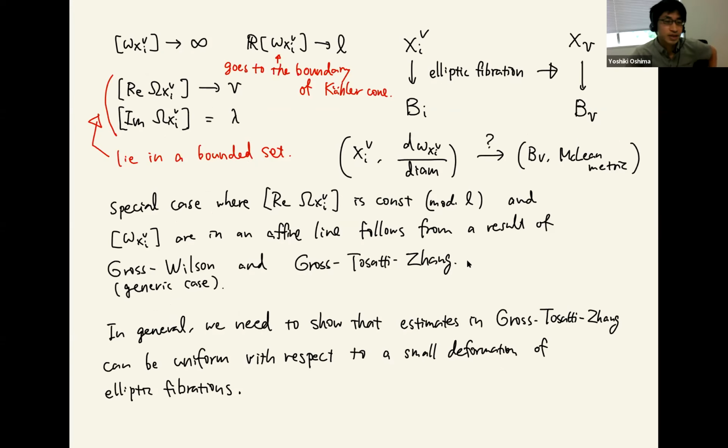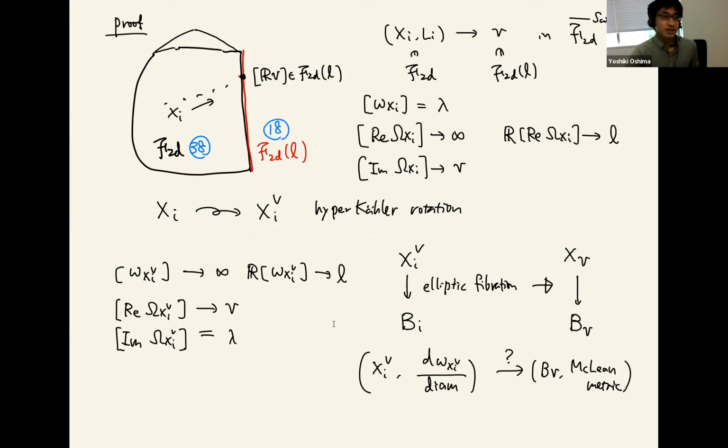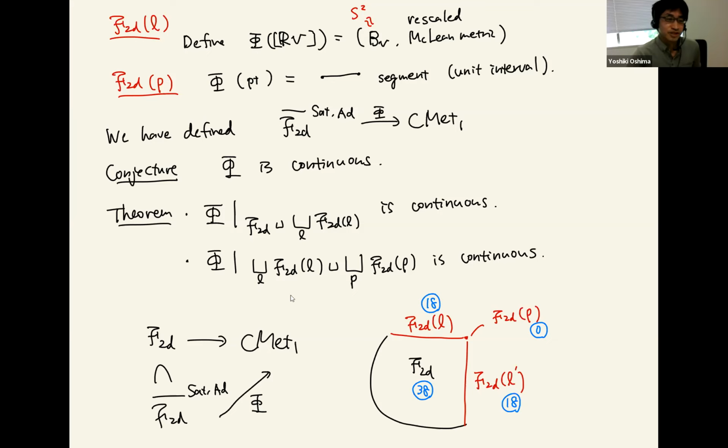We need some a priori estimates of the solution of the Monge-Ampère equation, which was done in the work of Tosatti and Gross-Tosatti-Zhang, and we need some additional arguments to make the estimates uniform with respect to some variations. Anyway, this is how we proved the first statement of the theorem. For the second statement, we used the Weierstrass model of K3 surfaces.